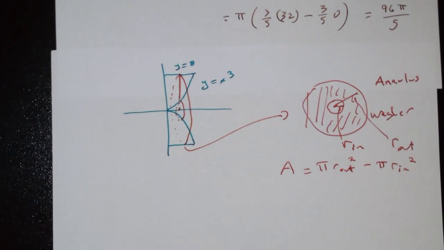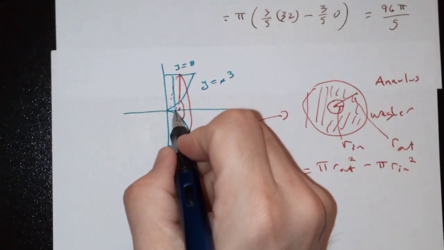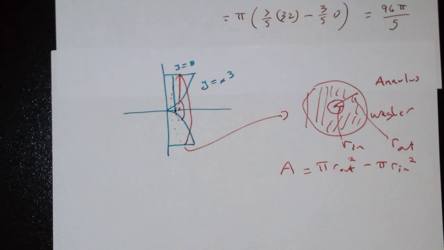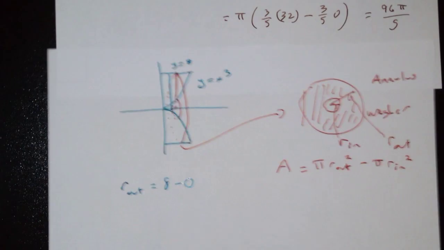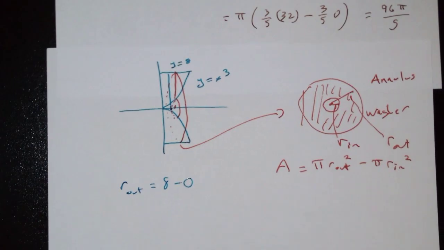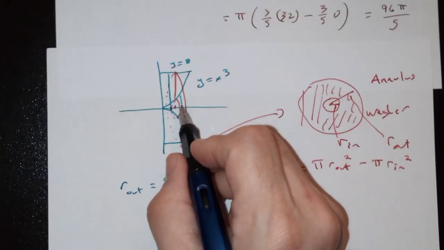The outside curve is the horizontal line on the top, isn't it? From here to here, that's my outer radius. Top minus bottom. Inner radius goes from here to here.